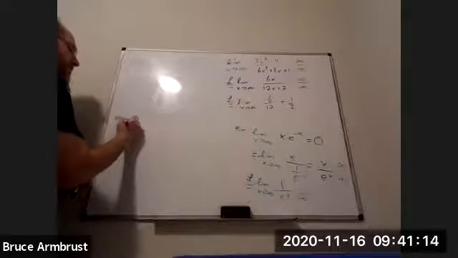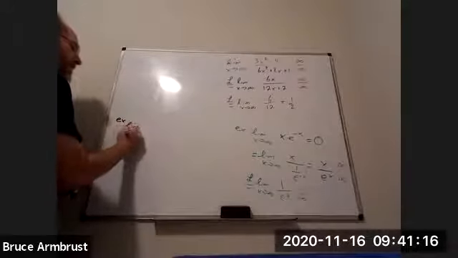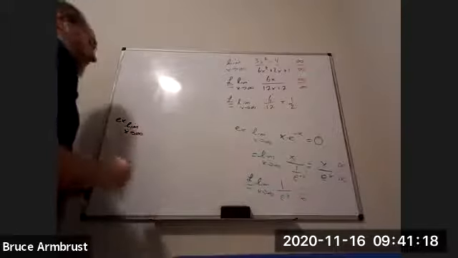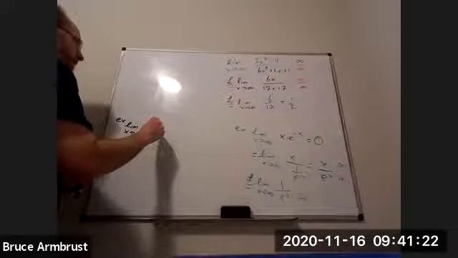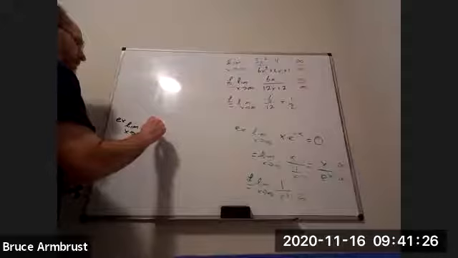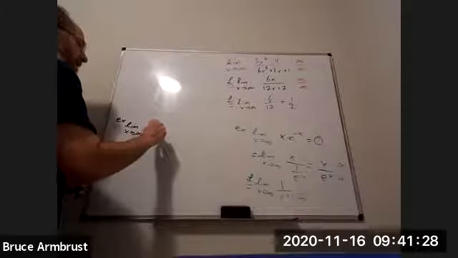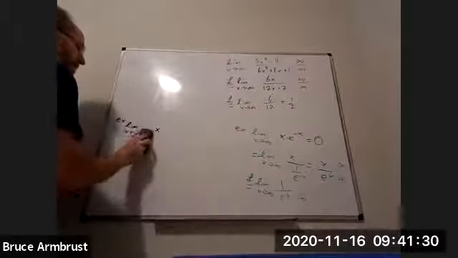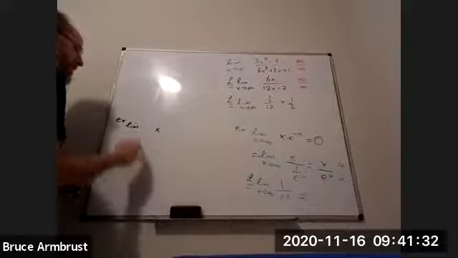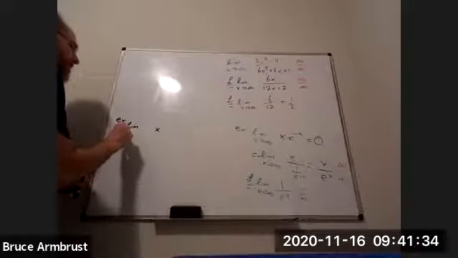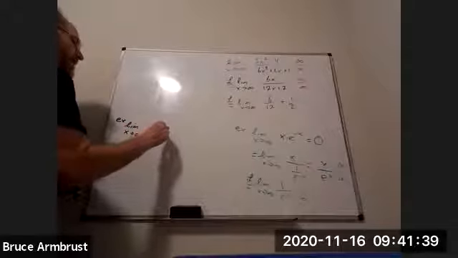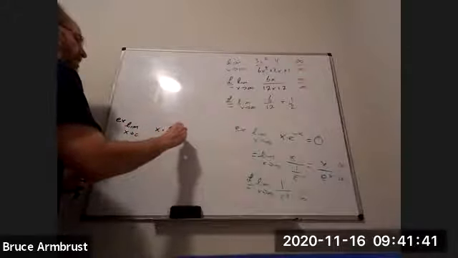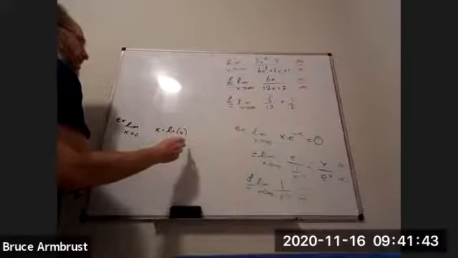So let's do the limit as x goes to infinity of, hold on a second. Now let's do this. Limit as x goes to 0 of x times natural log of x.